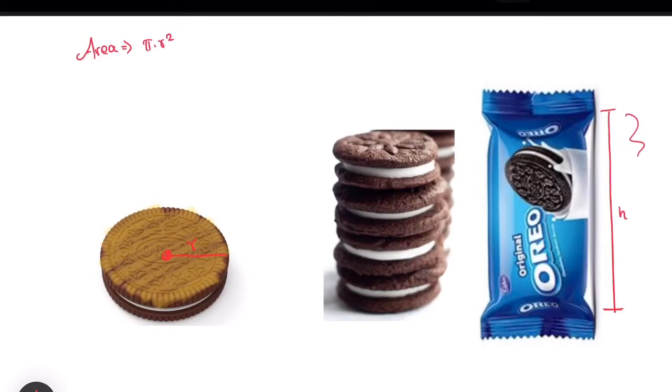I need the volume of the packet. So just multiply the base area by the height. The normal volume formula is base times height, that means the base area, which here is the single biscuit area, pi r square, and the height of the biscuit packet is h.